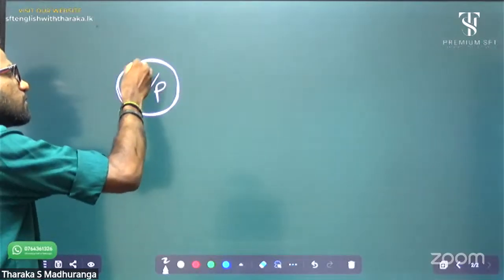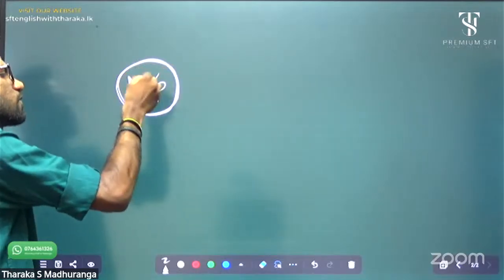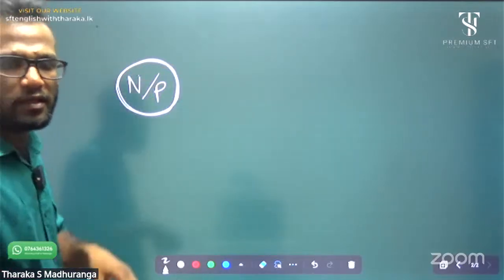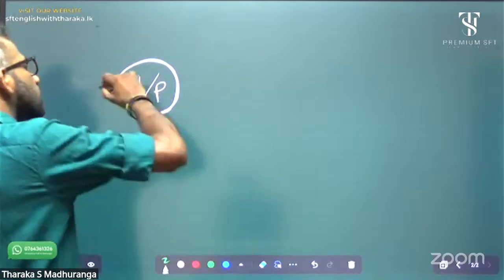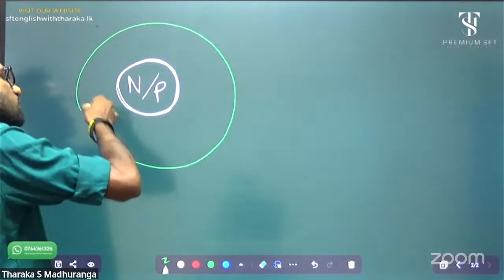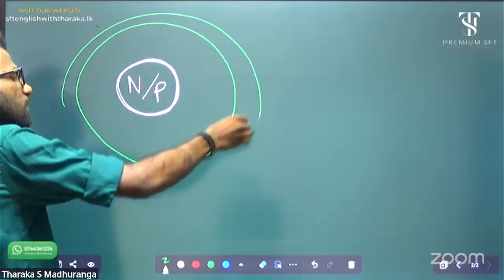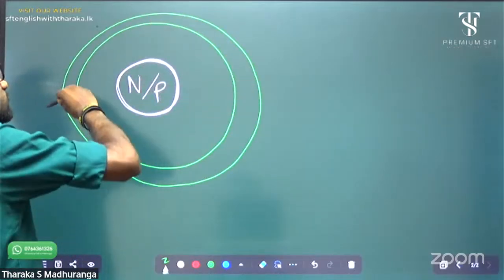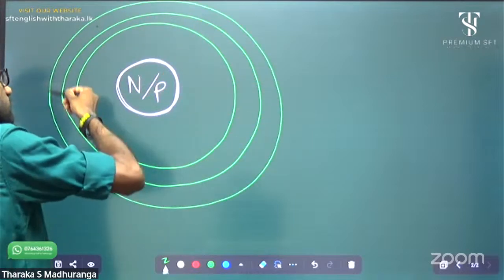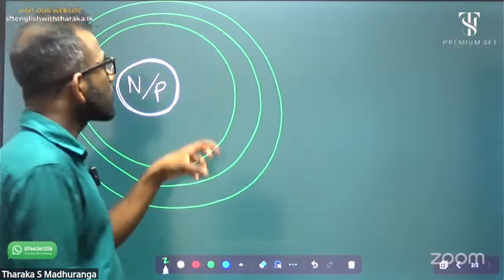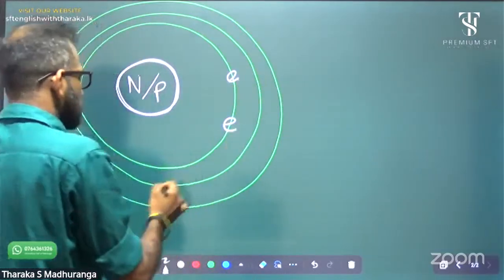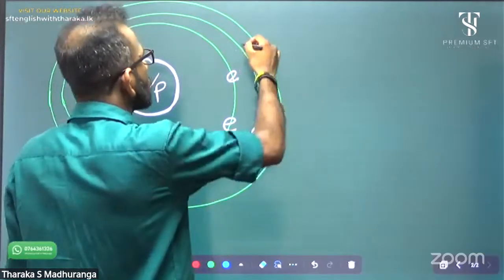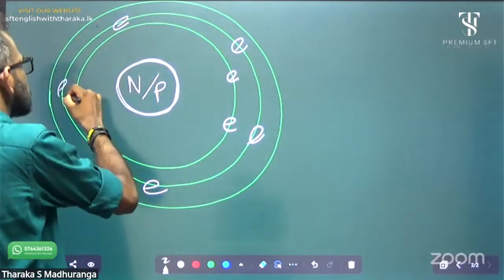This is the nucleus. Around the nucleus, we call them energy levels or orbitals. Energy levels. Okay, electrons are located in these orbitals, energy levels.